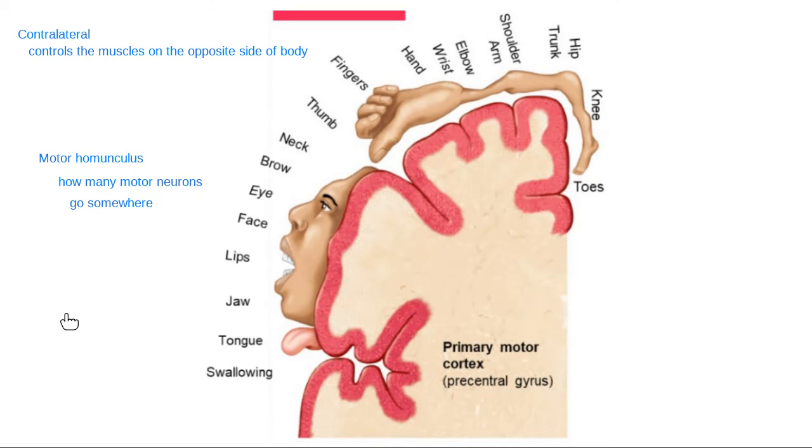I can say flex, I can say extend, I can say abduct, adduct, and rotate, maybe. Compare that to somewhere that maybe there's just 1 motor neuron, and the only message that 1 motor neuron can send is flex. If I only have 1 neuron, one little guy that lives right here is the only one that controls this part of the arm, there's only one thing it can do.